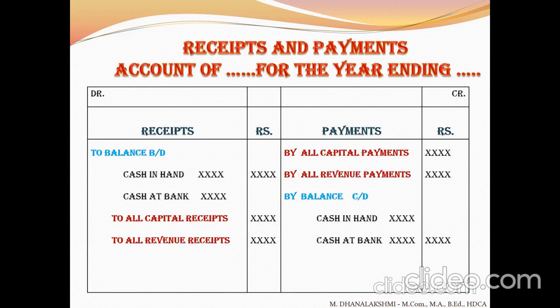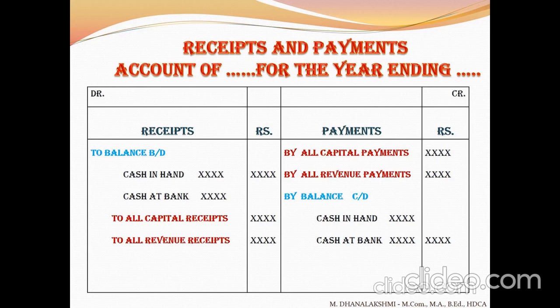Coming to the payment side, all the payments, whether capital payment or revenue payment, are entered under the payment side. Capital payment means a payment that won't occur again and again. Such payment we need not pay on a regular basis. Revenue payment is a payment you have to make regularly, for example salaries, rent, wages, repairs.